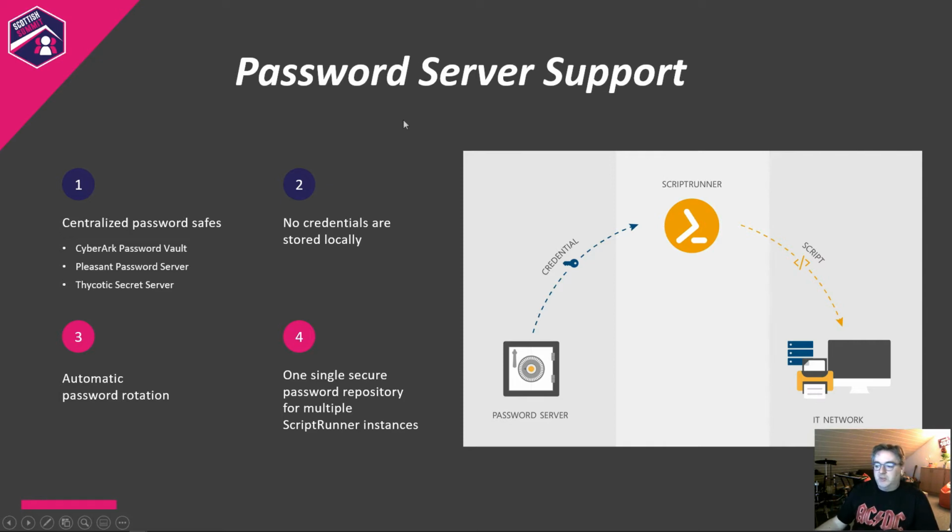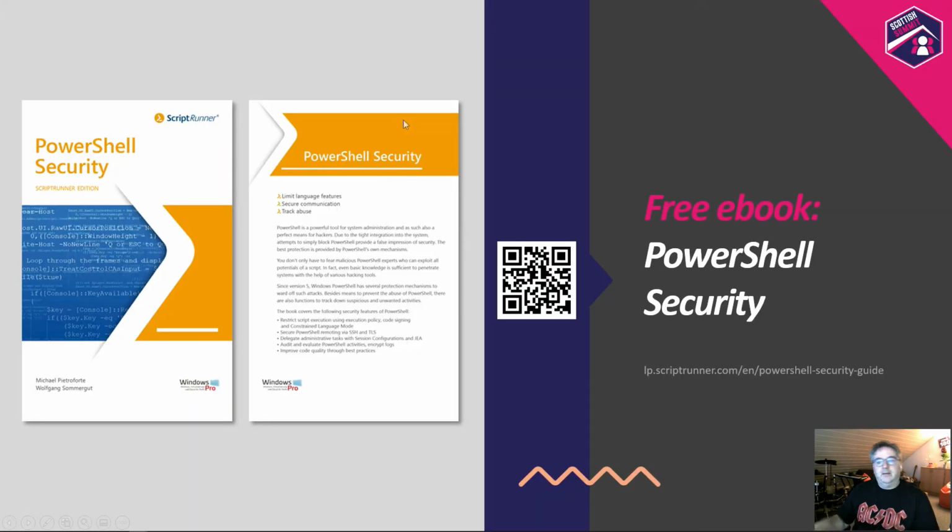And talking about security in general, another thing that of course is always important is the security aspect of how to use PowerShell. And there again, some good news. We have a free ebook around PowerShell security.